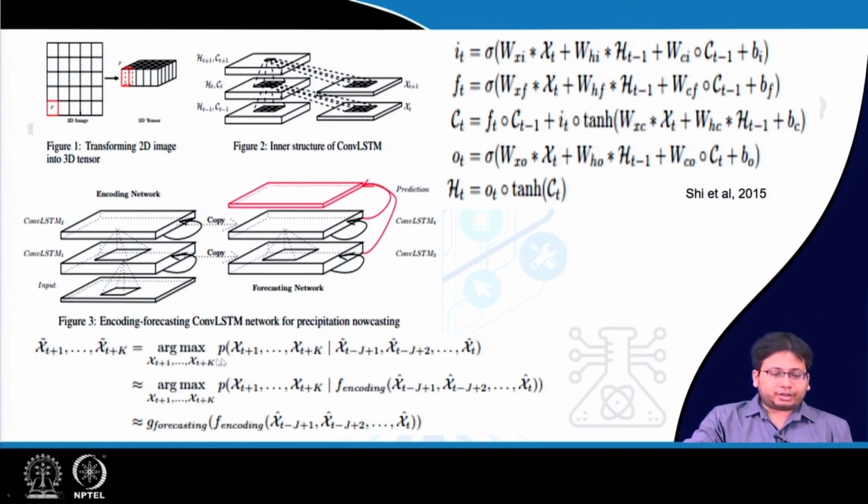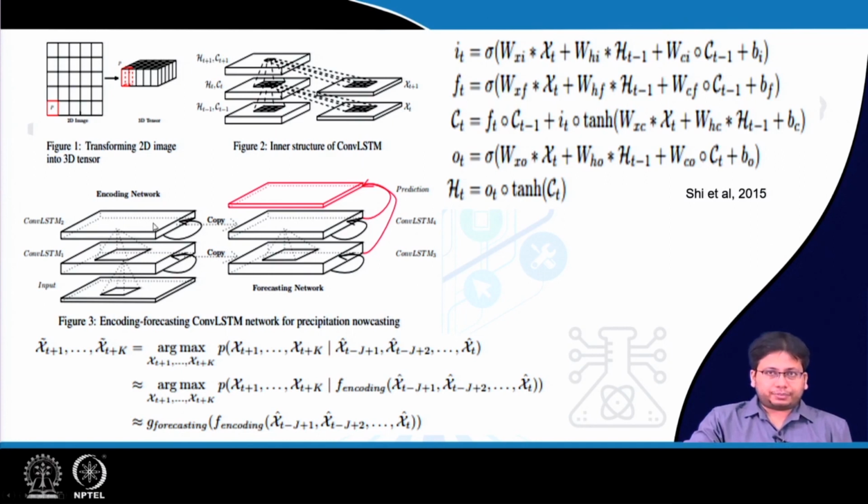Because it's a sequence of images, at every point of time one image or one spatial map is fed into the LSTM, and the LSTM at each step creates an intermediate representation by passing it through all the stacked layers.